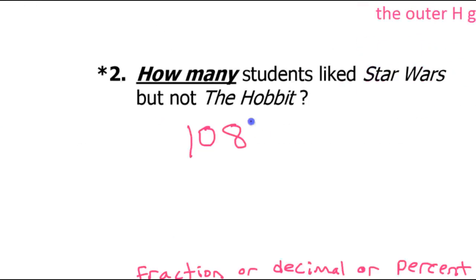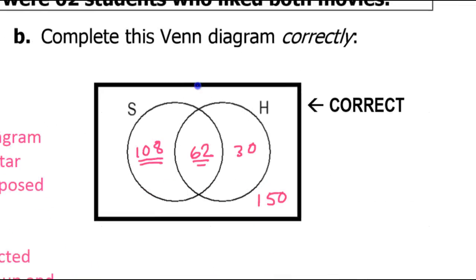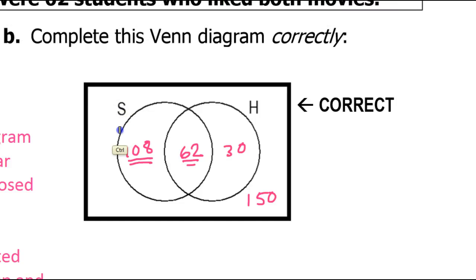So let's start with not liking Star Wars, not S. We're going to shade all of that first. So not S is everything outside of S. This is kind of the boundary of S, so everything outside of S. That's what not S means.